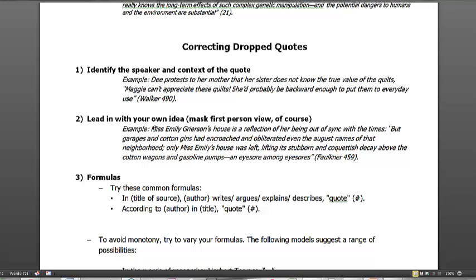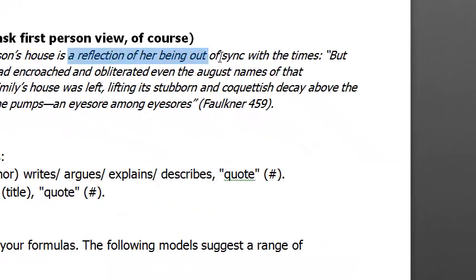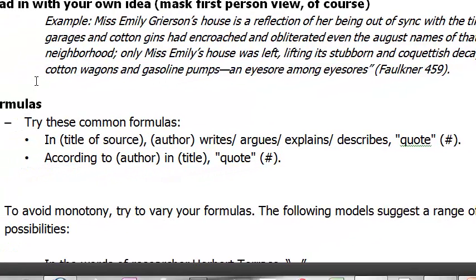So in this example, this person claims that this woman's house is a reflection of her being out of sync with the times. So that's an analysis, that's our judgment there. It's not just a summary. So again, that's your idea. Of course, you're not saying I or we or you, but that's still your idea.